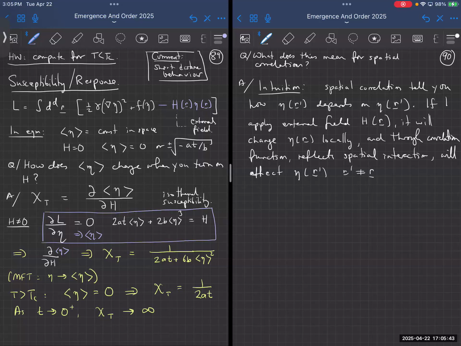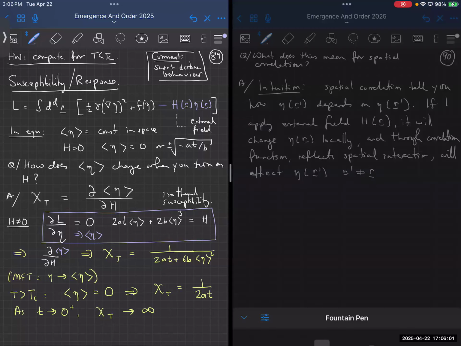So I take the system, I apply an external field just over here, and because things are correlated due to the interactions, there is going to be an effect of it a distance away. So we want to figure out what is that long distance interaction.